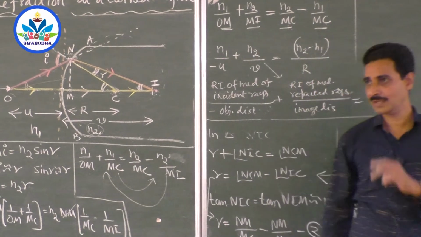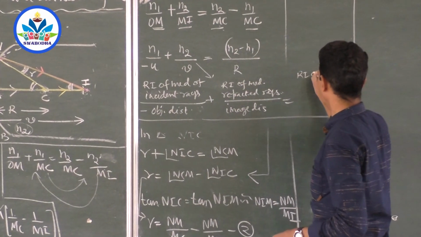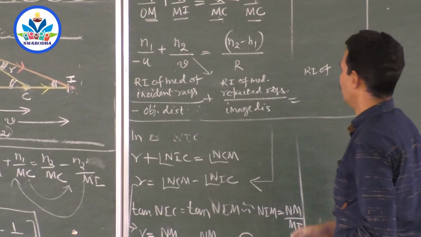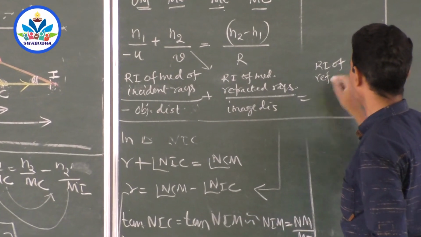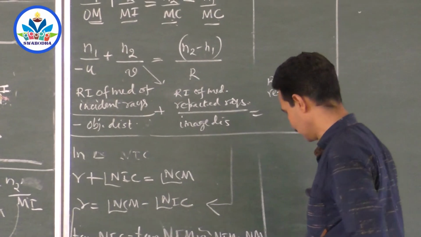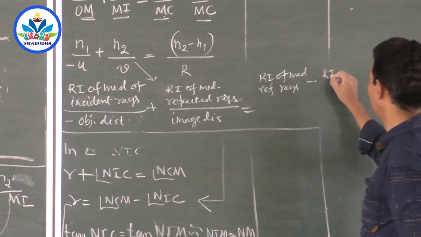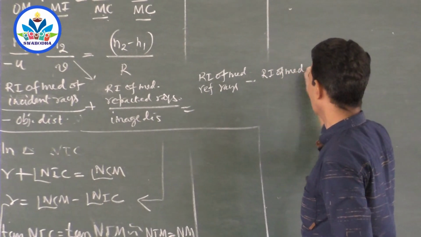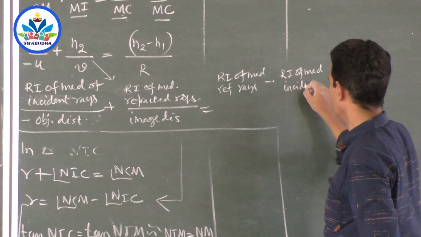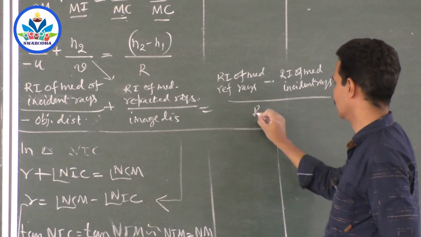It is N2 minus N1: refractive index of the medium where refracted rays are present, minus refractive index of the medium where incident rays are present, N2 minus N1 divided by radius.